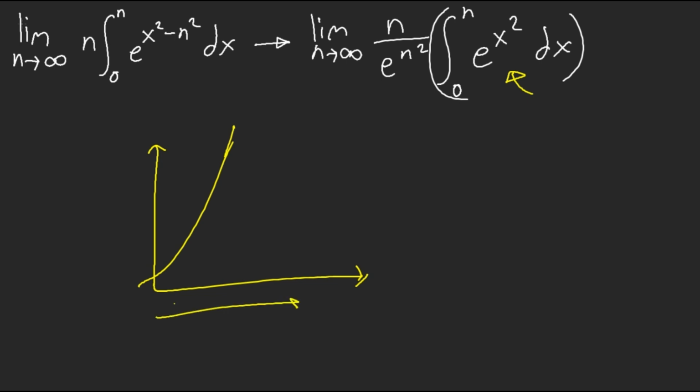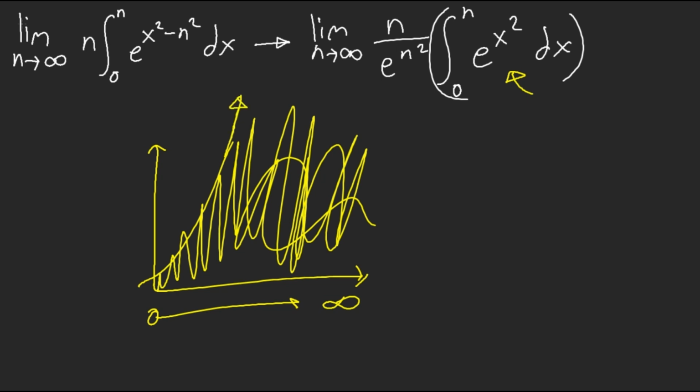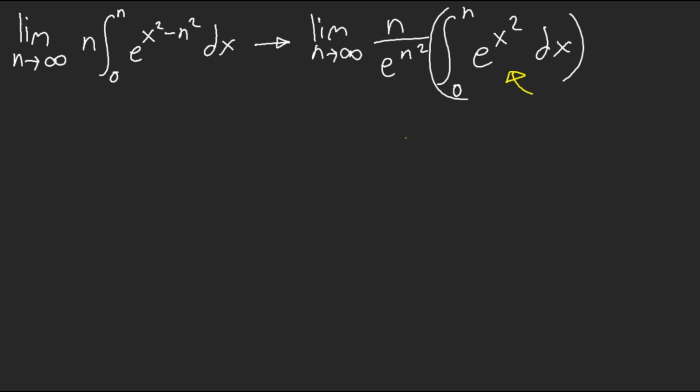As we go from 0 to infinity, the area under the curve has to be infinity as well, because it's an increasing function. This graph ain't gonna come down, of course not. So when you integrate it from 0 to infinity, this whole area is going to equal infinity. So with that in mind, this is equal to infinity.